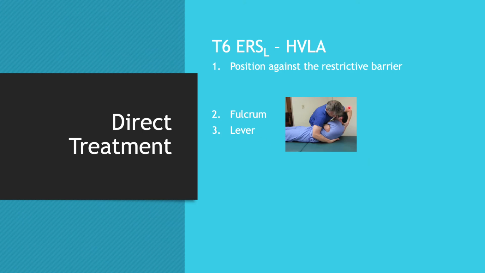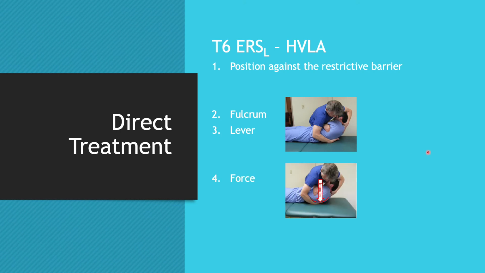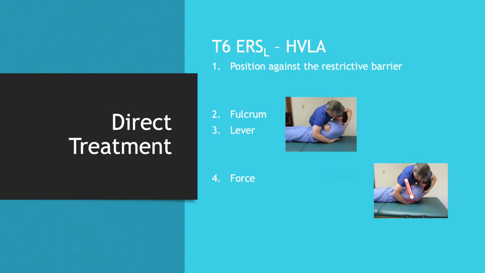And then again, a long lever from the occiput all the way down to T6, and then an impulse directly down at the table. What he's doing is an impulse on T6 in relation to T7 to reverse that extension. If the vertebra had been FRS left, then the impulse would change, in a more cephalad direction.